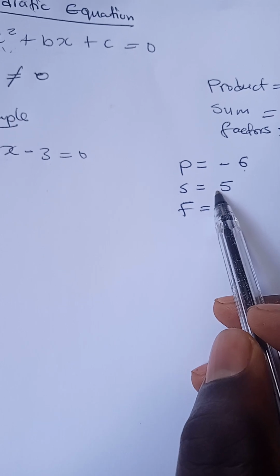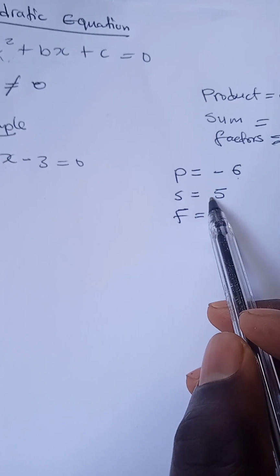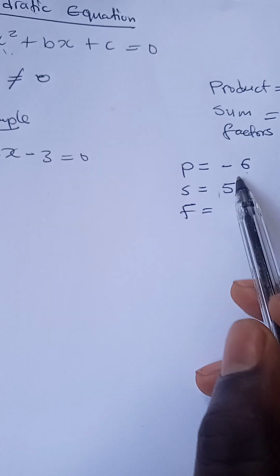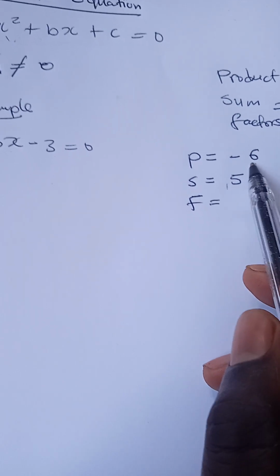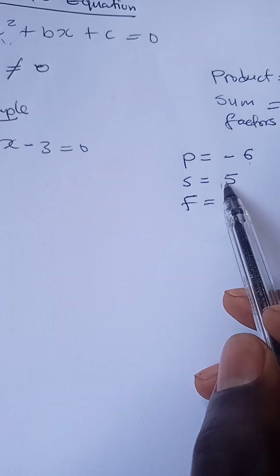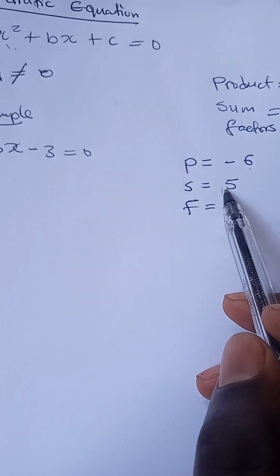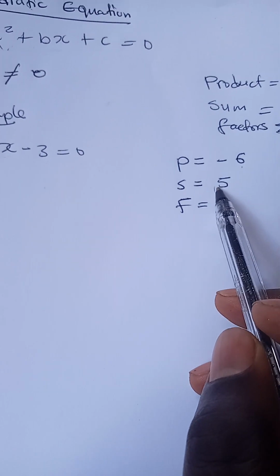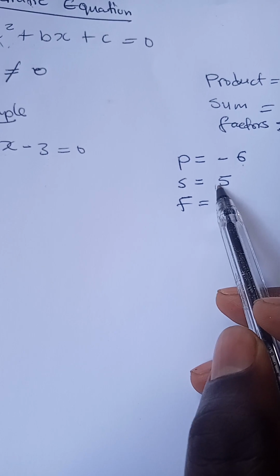Now, take note here. Our product is negative, and our sum is positive, meaning one of our factors should be negative.